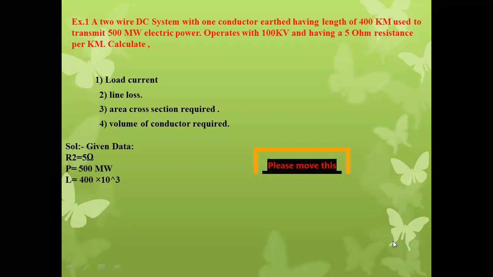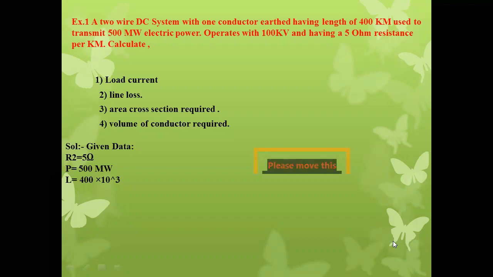I already told you the formula for the area cross section of conductor required for the two-wire DC system with one conductor earthed, which is equal to what? 2P square rho L divided by W into Vm square. We have to put in the values we have already been given, or calculated: the line loss, that is 250 into 10 to the power of 6 watt.